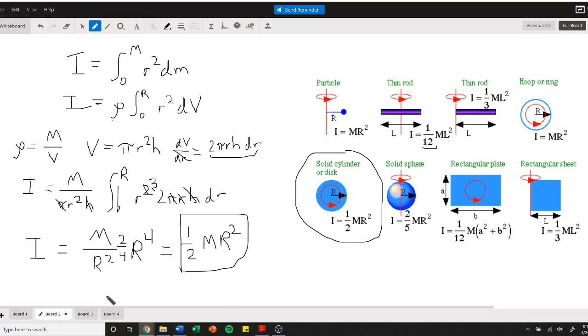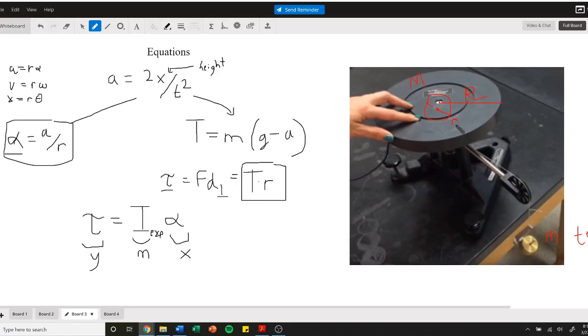where our theoretical I value will be this one: one half times the mass of the disk times the big radius of the disk squared. But you see it's not a perfect disk, so it might be a little bit different. We're going to calculate that. The y-intercept should be close to 0.